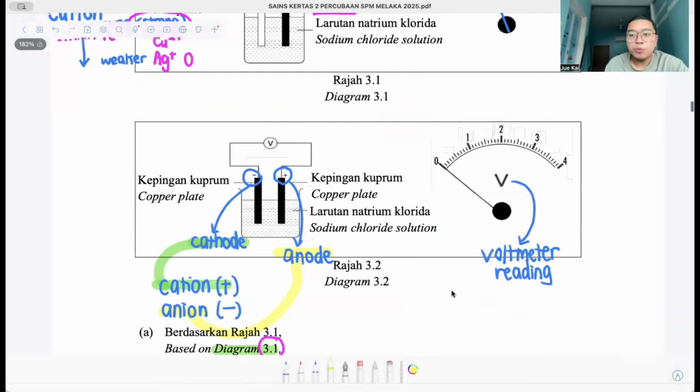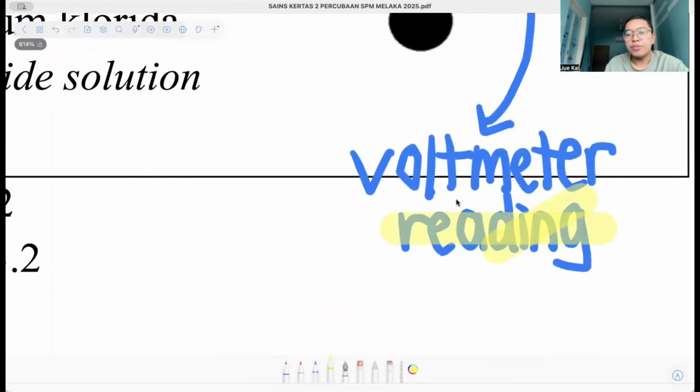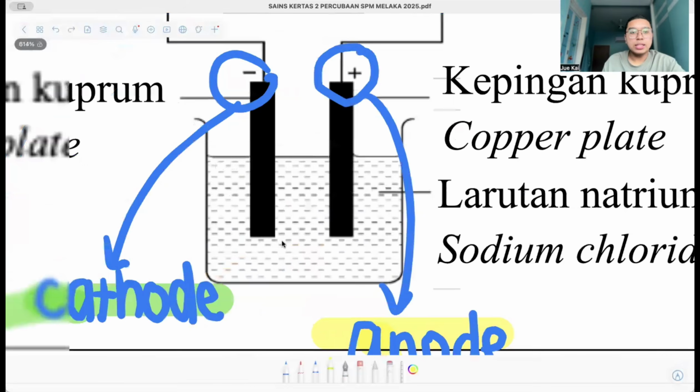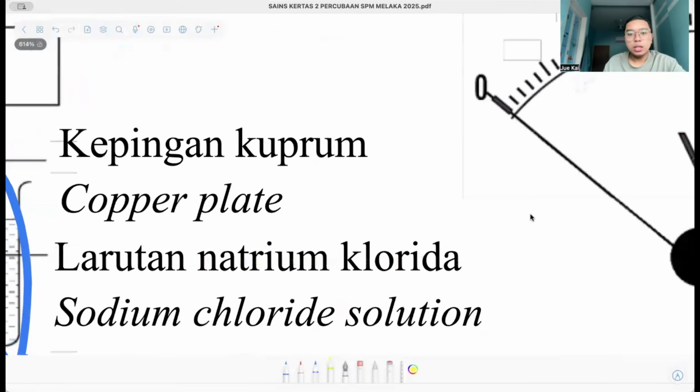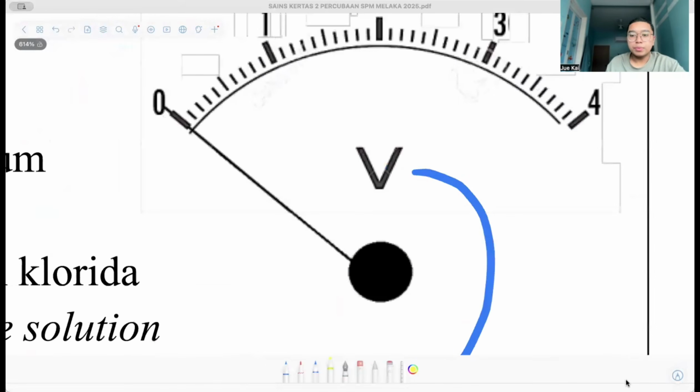Electron movement is really easy. That means it doesn't have a reading. Clear or not? So when both of them are copper, does it provide any reading? Got reading? No. Got reading or don't have reading?